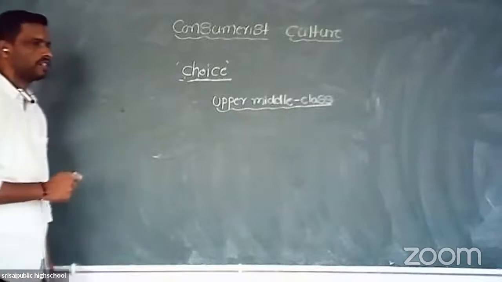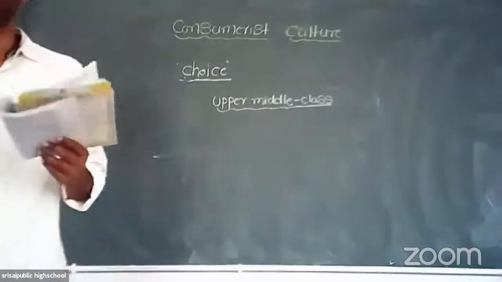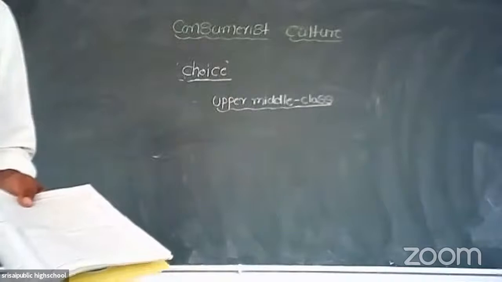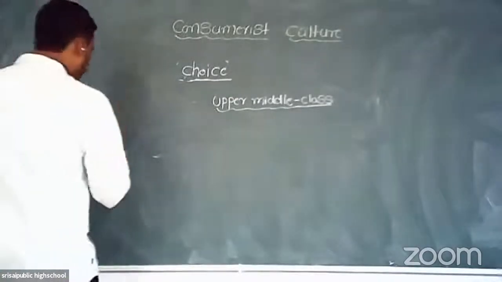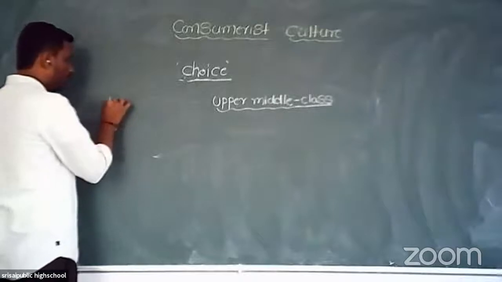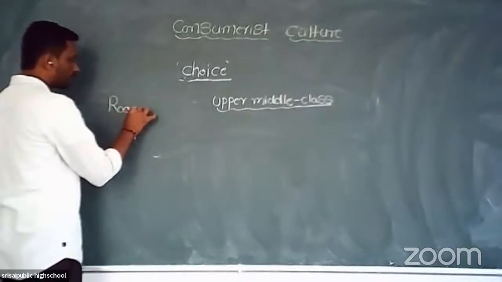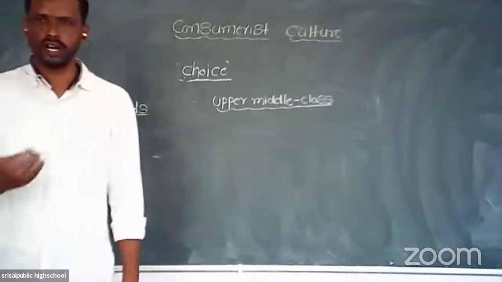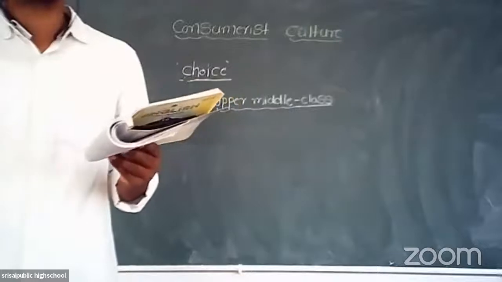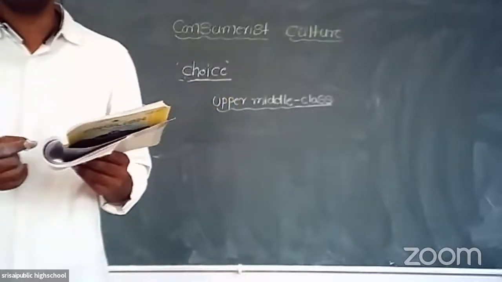We are having Mercedes Benz cars and all luxurious cars in India. But what about the roads? Now talk about the condition of the roads. We are using Benz cars and luxurious cars. Is that the sign of our development?